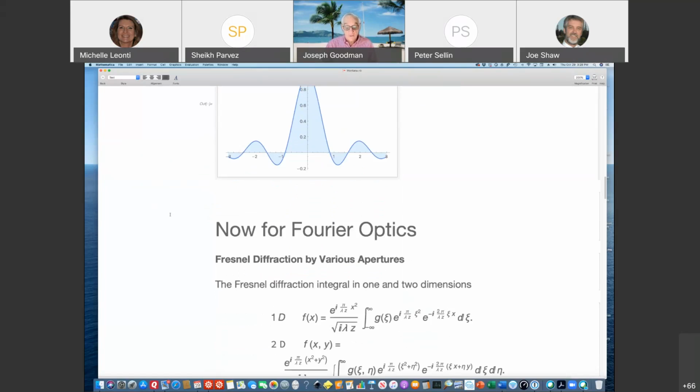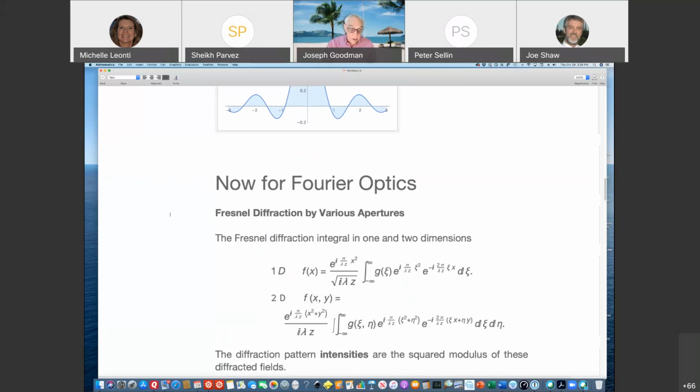Now I'd like to turn to Fourier optics. And I'm going to consider first Fresnel diffraction by various kinds of apertures.